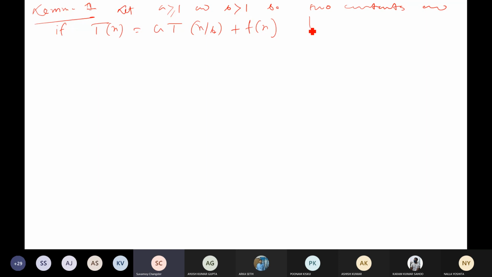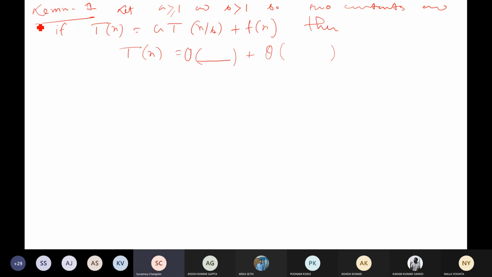Lemma one says that let a greater than or equal to 1 and b greater than 1 be two constants, same as the previous, and if T(n) is written as aT(n/b) + f(n), then T(n) can be bounded as two terms, one will be a term of big O, another will be a term of theta. Later I will prove what these two terms are.